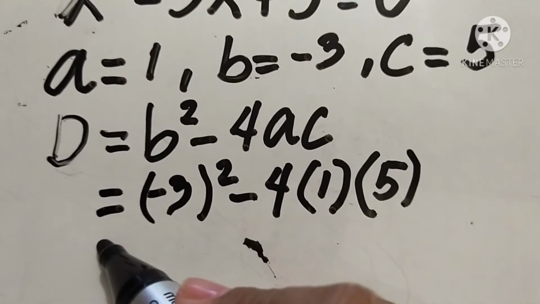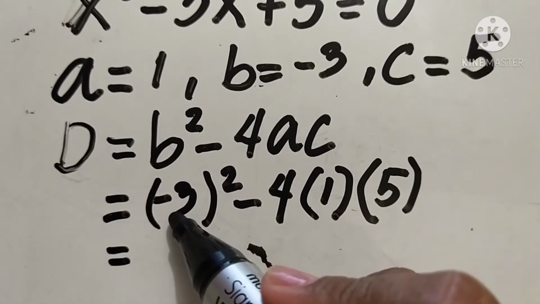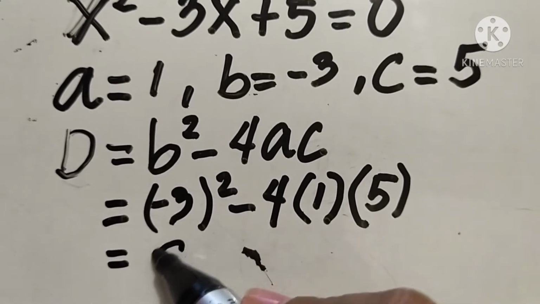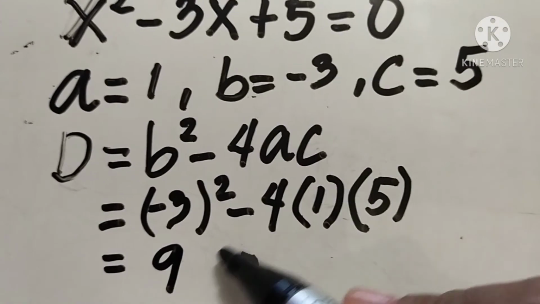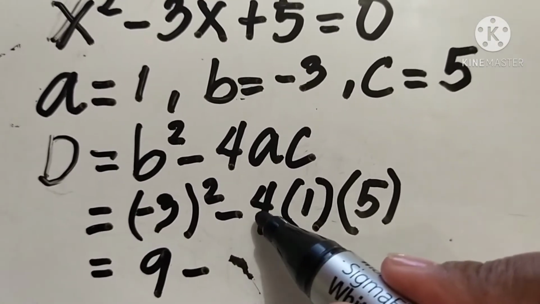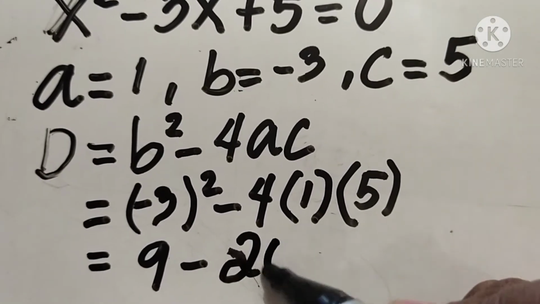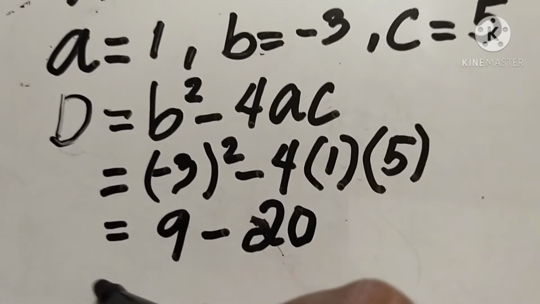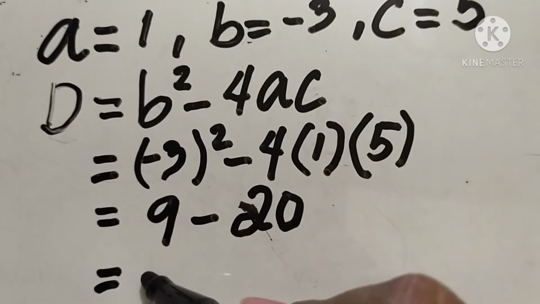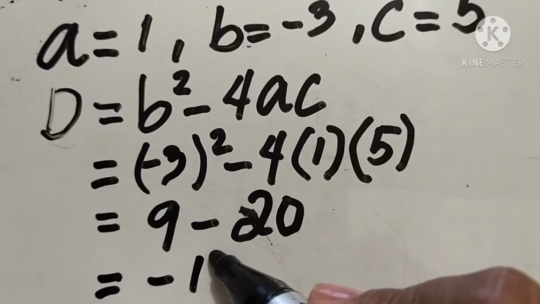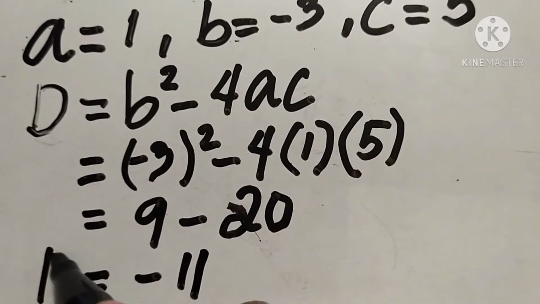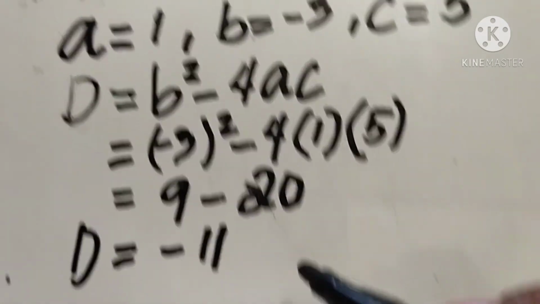So we have here negative 3 times negative 3 will give you positive 9, minus 4 times 1 times 5 is 20. So therefore, your discriminant is negative 11. That is the value of the discriminant.